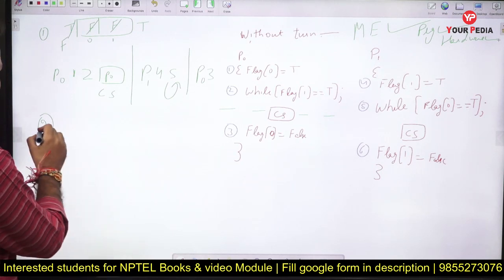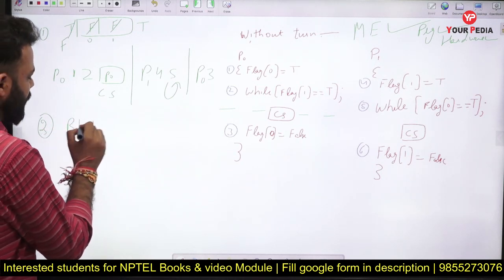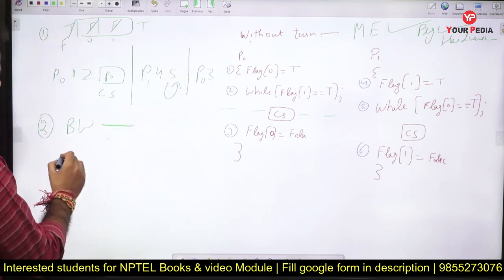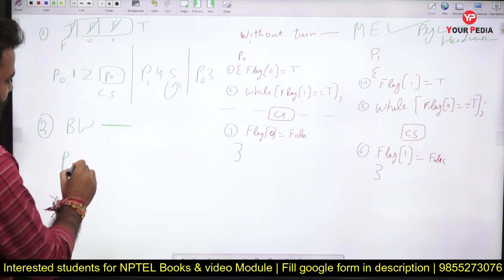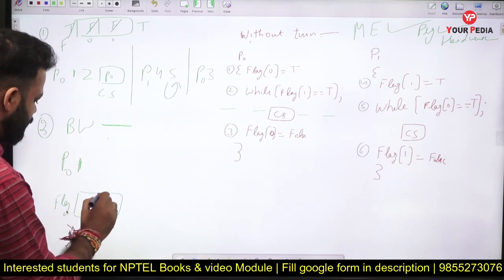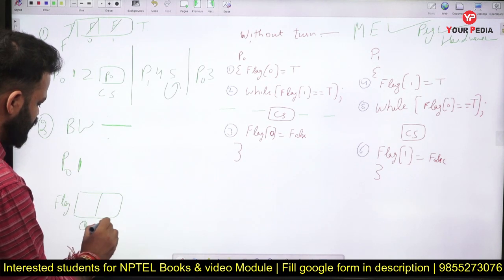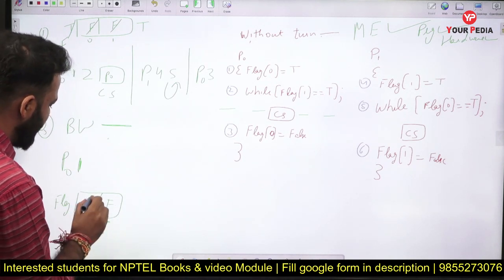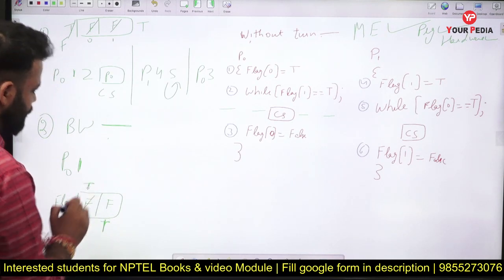Now let's see about the third condition, which is bounded wait. Let's say P0 comes and makes the flag value true.